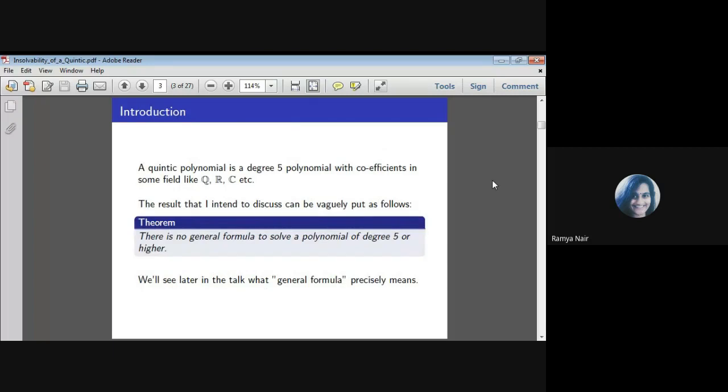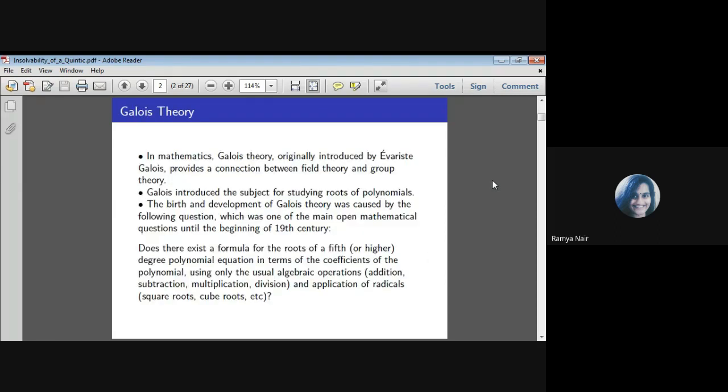As I was saying, Galois was studying the roots of polynomials, and he was interested in whether there is a general formula to find the roots of any polynomial. The title of my talk is Insolvability of a General Quintic.